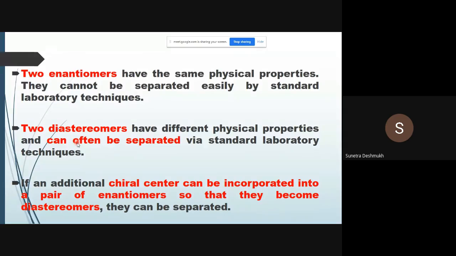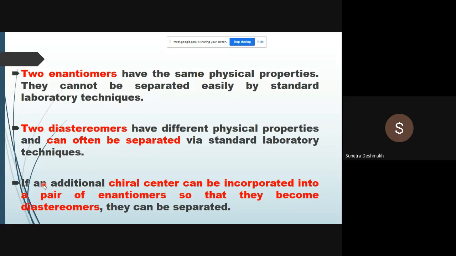So diastereomers are beneficial. In contrast to enantiomers, two diastereomers have different physical properties, and due to these different physical properties, diastereomers can often be separated via standard laboratory techniques. This is the advantage of diastereomers. Now, how to go for this separation?